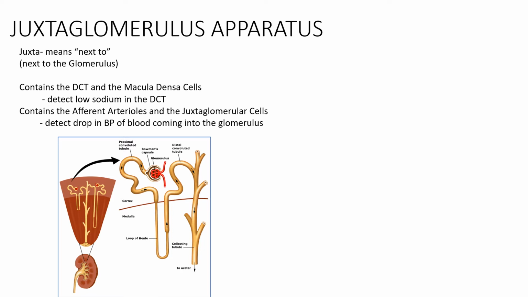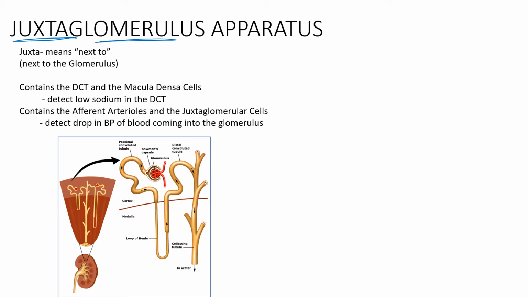If you just look at the word parts, juxta means next to. Well, what is this apparatus next to? Juxtaglomerular, it's next to the glomerulus, which is the first piece of where that blood comes into the nephron.